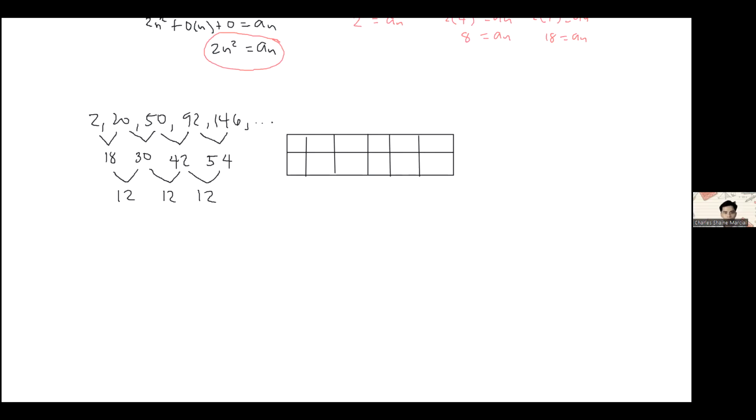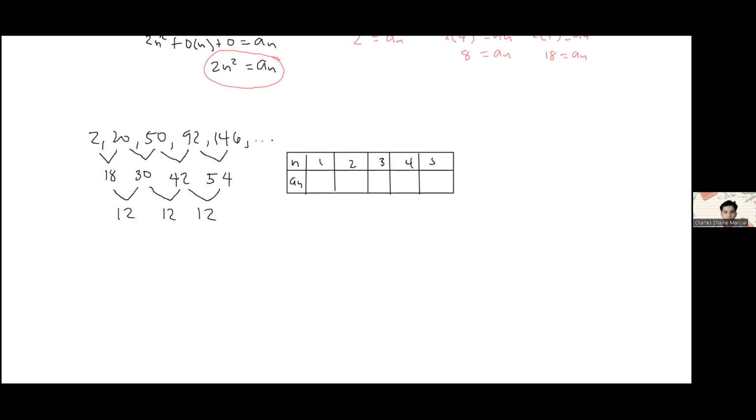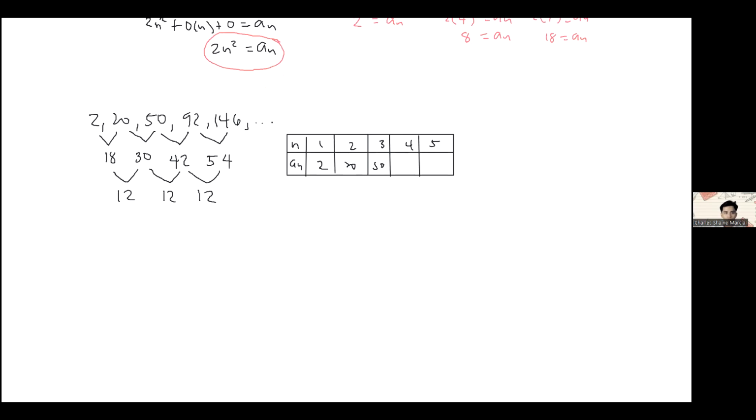Alright, so kunwari pantay-pantay sila. So ito yung first term, second term, third term, fourth term, and fifth. So we have here 2, 20, 50, 92, and 146. Alright, so let's find the first equation or equation 1 using the formula A N squared plus BN plus C is equal to A sub n.